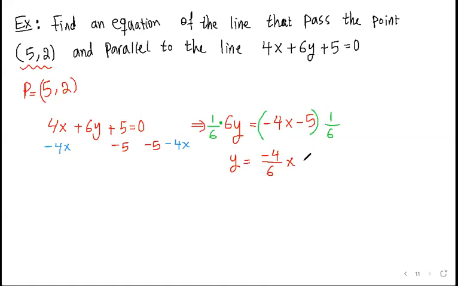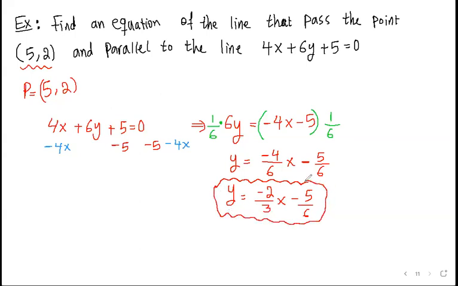Angel, what is the answer? Y equals negative 2/3 x minus 5/6. Yes, we can simplify it as y = -2/3 x - 5/6. So I get the equation for the second line.